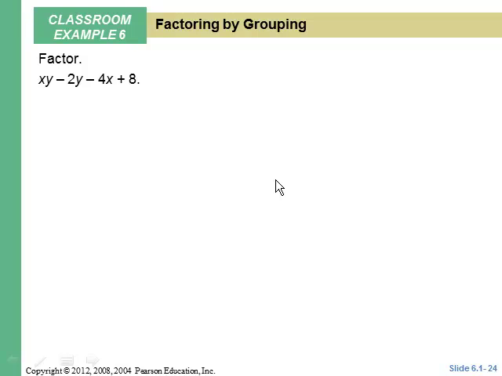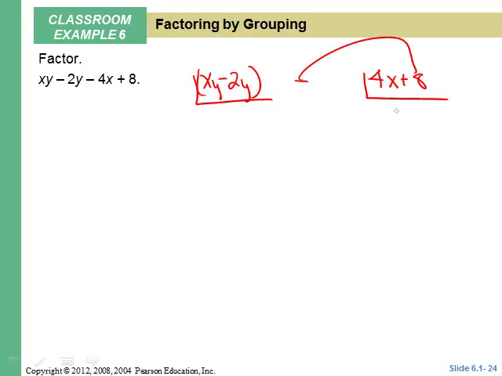Okay, let's try that again. I'll show you again. xy minus 2y minus 4x plus 8. Now remember how we factored out the negative sign, so we're going to change this to a negative. We factor a y out of the first two, and we're left with x minus 2.